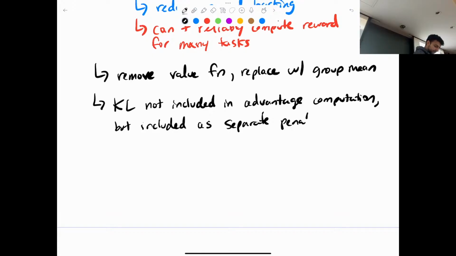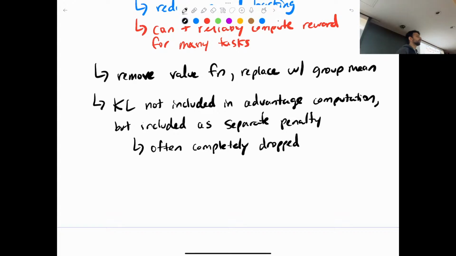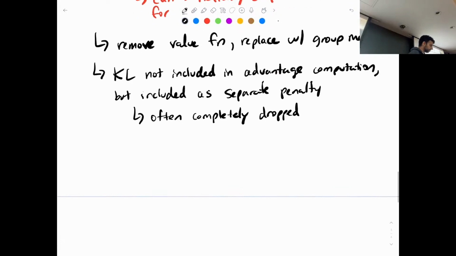So we'll see that in the final loss formulation. And now it's often completely dropped. There have been many variants of GRPO that suggest completely dropping the KL term has no impact on the performance. It could be something related to the types of tasks that people generally train models on using GRPO, and also maybe a function of the verifiable reward, which somehow doesn't allow the model to drift away as much.